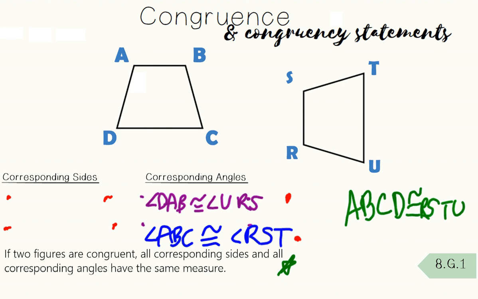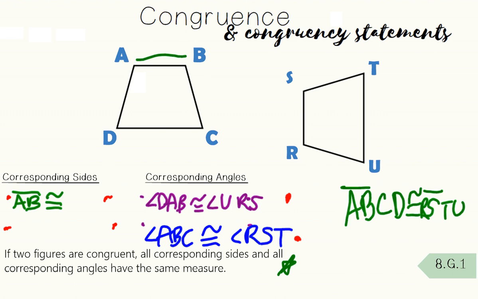So I will go ahead and start with line segment AB, or side AB, which is written like this. AB with a line segment on top. Now that is going to be congruent to, well, let me go over here to my letter list. AB corresponds to RS.